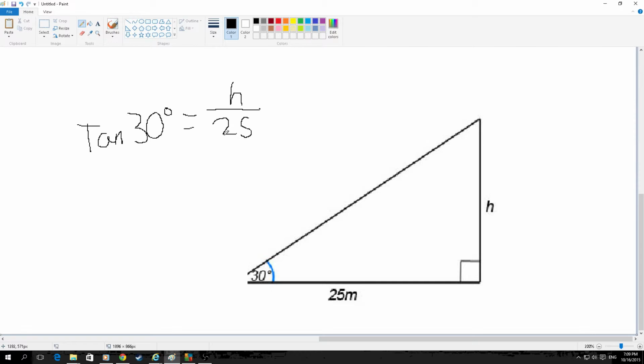So the only thing you have to do is rearrange it. So you take the 25 over to the other side, so you times it, and if you put it on the calculator, you will get the answer for h.